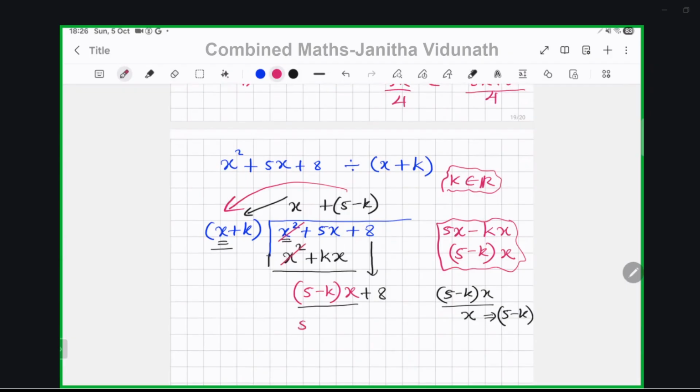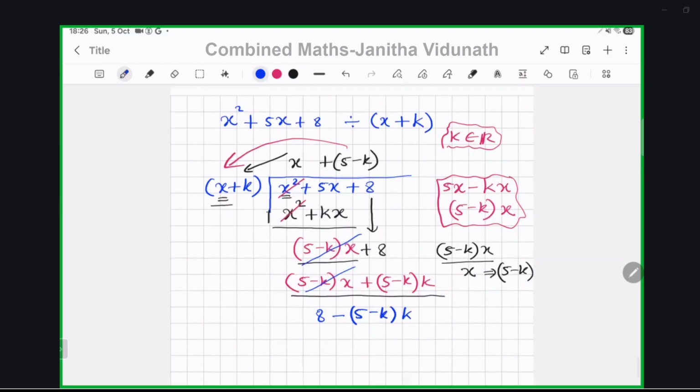Then we will have 5 minus k times x plus 5 minus k times k. Then we need to subtract those two terms. Then this x term is cancelled out. Then the remaining is 8 minus (5 minus k) times k. That means this answer is 8 minus 5k plus k square. This is the final remainder.